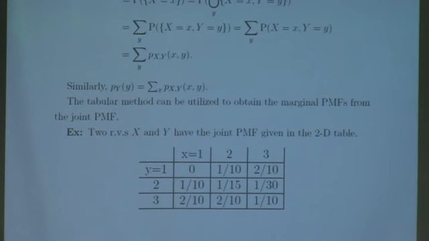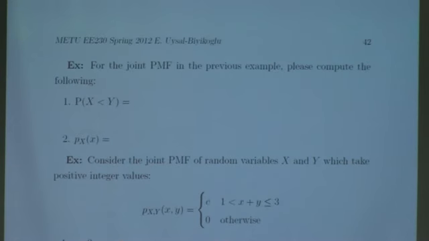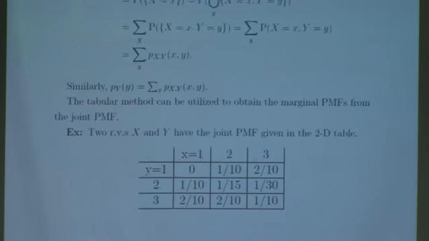Now from this, we computed the probability that X is less than Y. Let's compute it again. The event X less than Y includes 3 outcomes in this case. Here, X is 1 and Y is 2, so X is less than Y. This happens with probability 1 over 10.